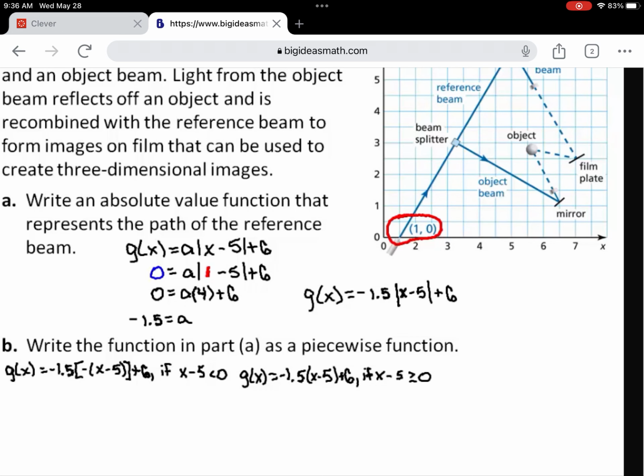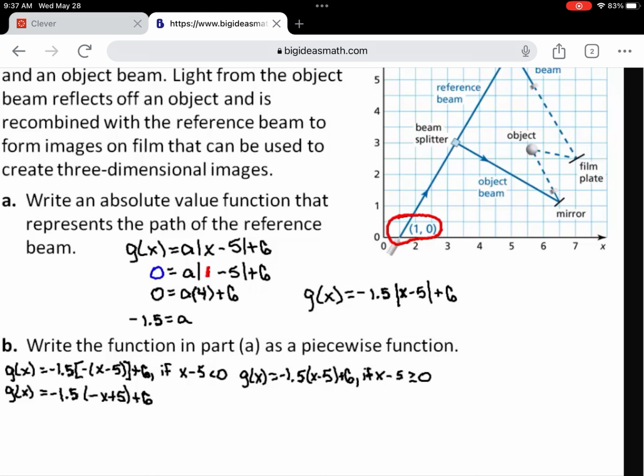First, simplify g of x equals negative 1 5/10 times the negative of the quantity x minus 5, plus 6 if x minus 5 is less than 0. Distributing the negative through the quantity x minus 5, you get negative 1 5/10 times the quantity negative x plus 5, plus 6.